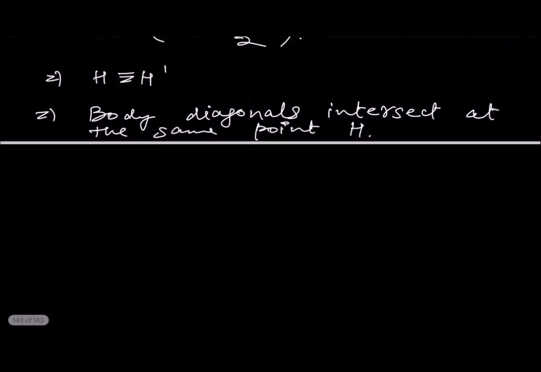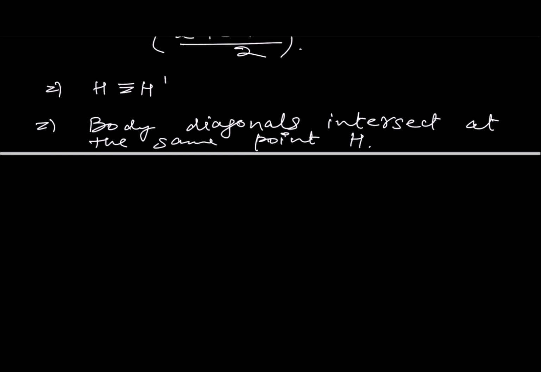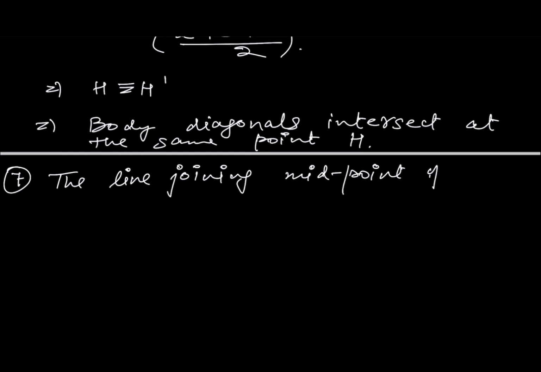Okay. Point number 7: the lines joining the midpoints of opposite edges intersect at the centroid.